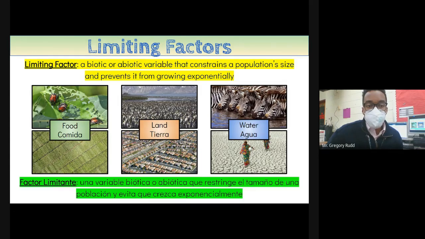So food is a very common limiting factor. We see in that image on the top left, beetles that are eating some type of plant, but it's clear that the plant is basically depleted. There's not much left to be eaten. Same thing with human beings. With us, the problems can be a bit more pronounced because our problem is not just how much food can we produce, but how long can it last?